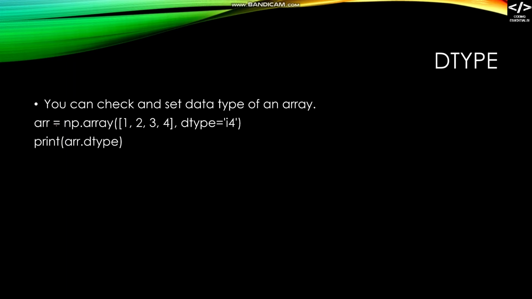So this is np.array, and we have defined the data type as i4. So what is i4? I1 means integer 1 or length 8 bit, I2 means 16 bit, I3 for 32 bit, and I4 for 64 bit.